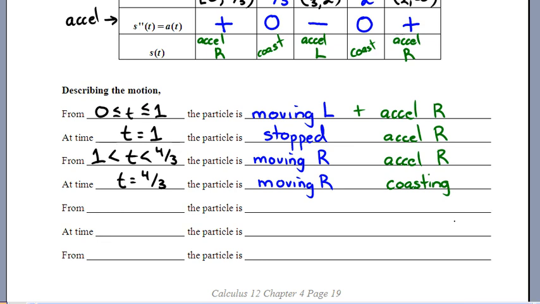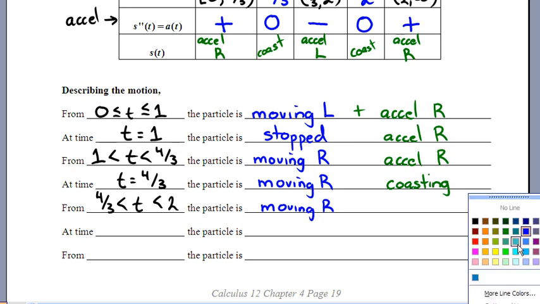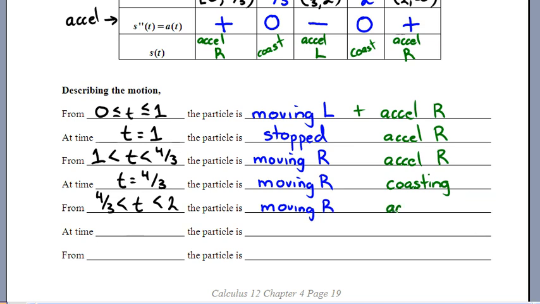Then, again, just blending the two tables together. From 4/3 up until 2 seconds, one thing is happening in the story. We're moving right, but we're actually firing our rockets in reverse. We're accelerating to the left.